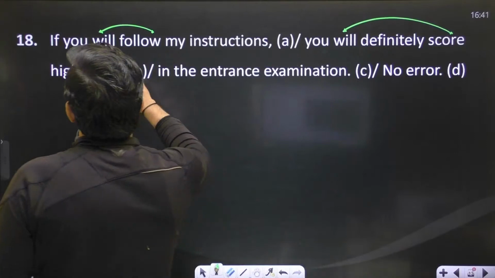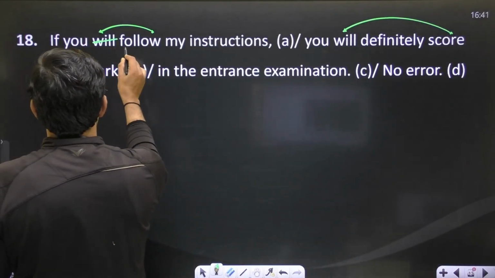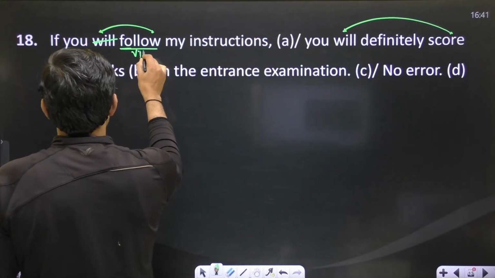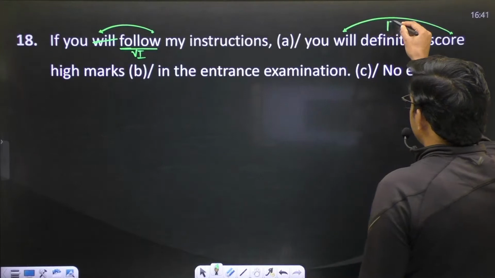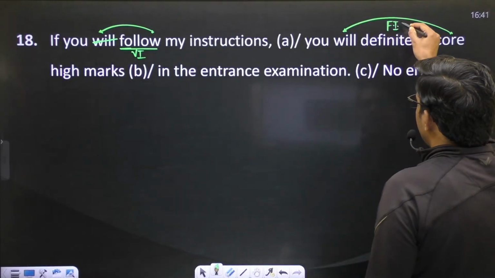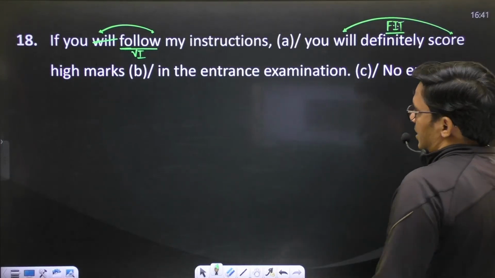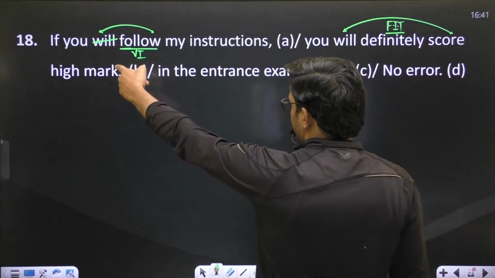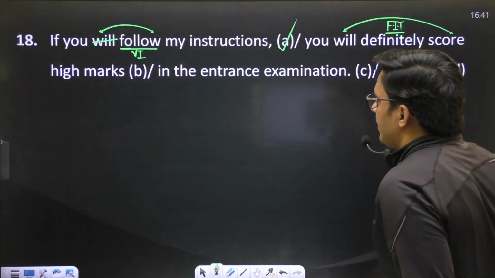So this subordinate clause will demand present indefinite, that's why drop will, the first form of the verb will be there, and in the main clause future indefinite will be. Okay, now this main clause is okay, but just replace future indefinite with present indefinite, and you have an error in part A.